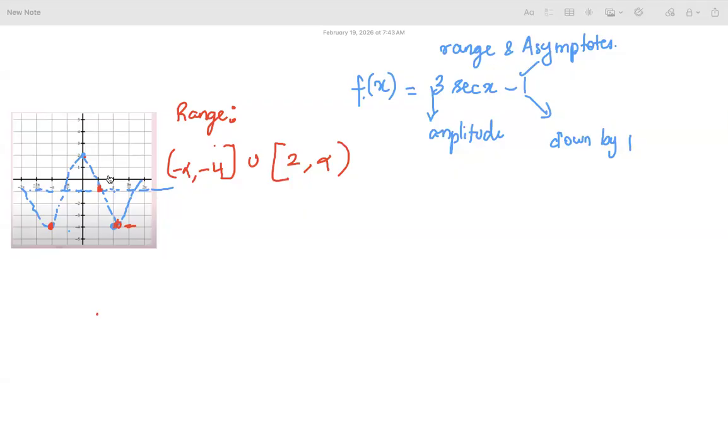So I will draw at pi by 2. Wherever I have 0, I will draw my asymptotes. Does that make sense, guys? Where is the 0 here? Here.